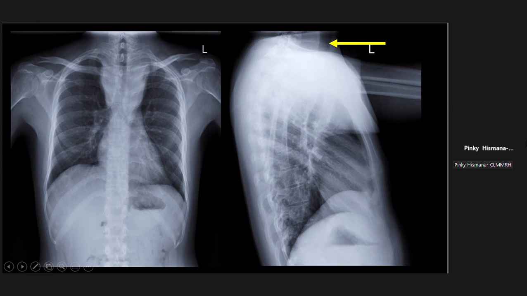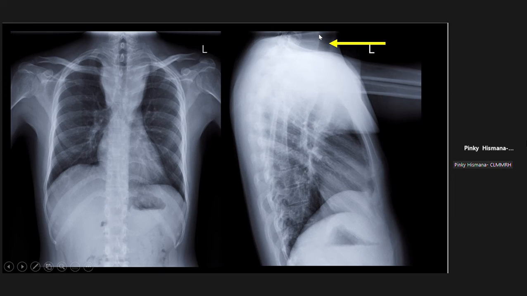At first look, the opacity seems to be at the level of the superior mediastinum and at your right and left paratracheal. But actually, if you do a lateral view, you notice that the trachea is anteriorly displaced, such that your prevertebral space, the space between your trachea and your spine, is widened.